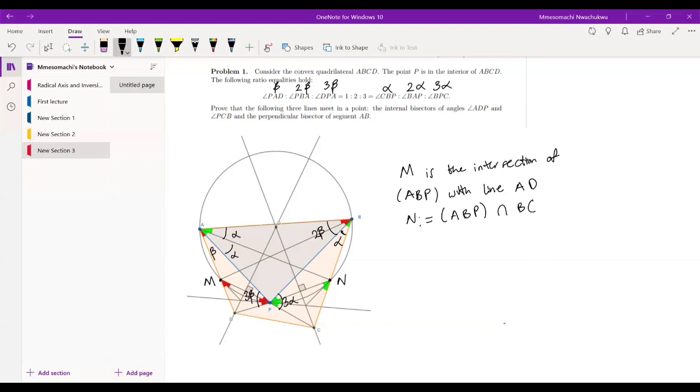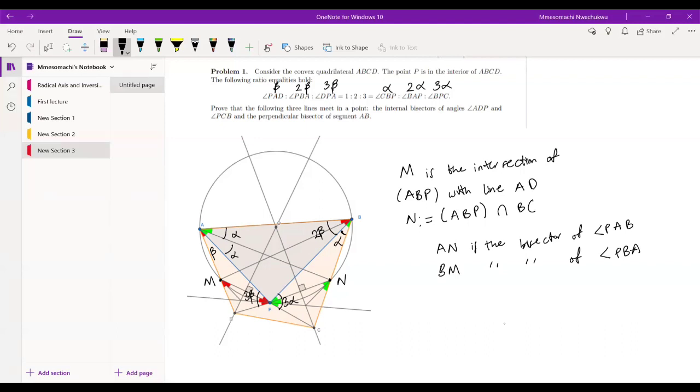So indeed, AN is the angle bisector of angle PAB. Sorry for that mistake. And in similar fashion, we can quickly get that BM is the angle bisector of angle PBA.